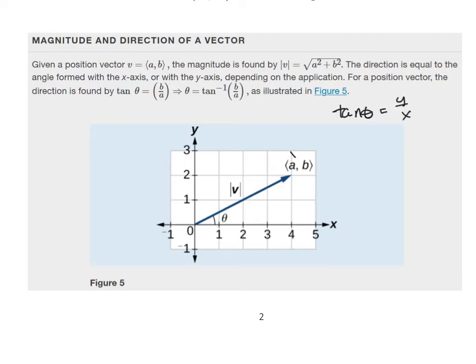Now remember, this is the x part and this is the y part if they were ordered pairs. So my direction is now in terms of b and a, where b is the y component and a is the x component. And again, the angle is the tangent inverse. And don't forget to draw a sketch so you know if you are actually getting that angle or if you have to add pi to it or some other adjustment like that.